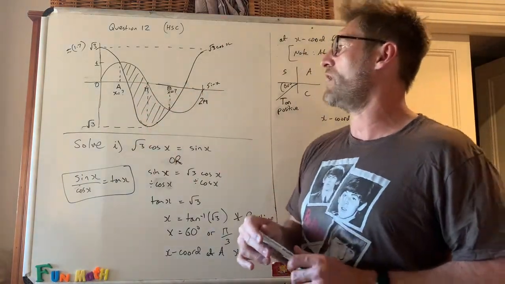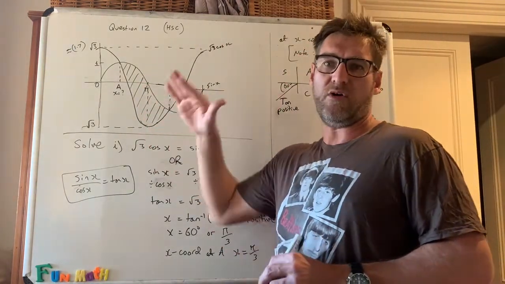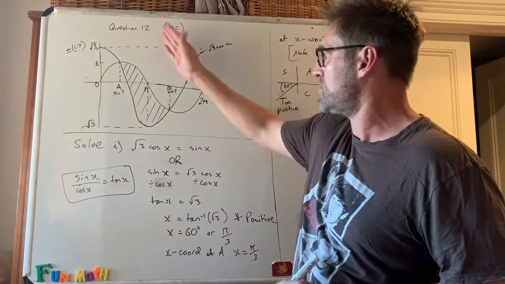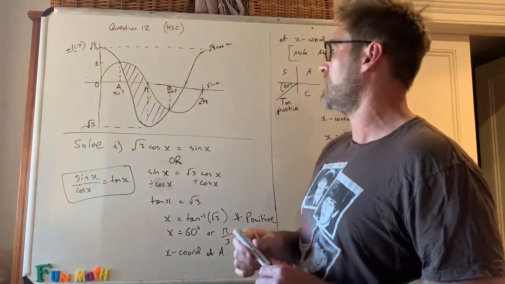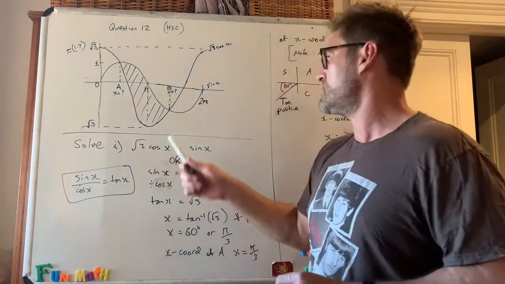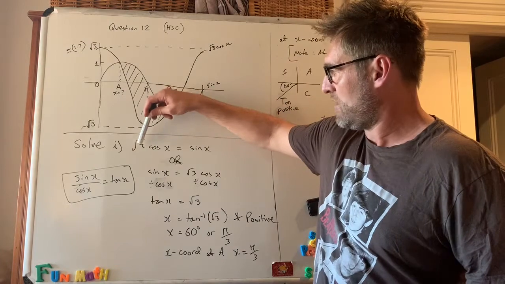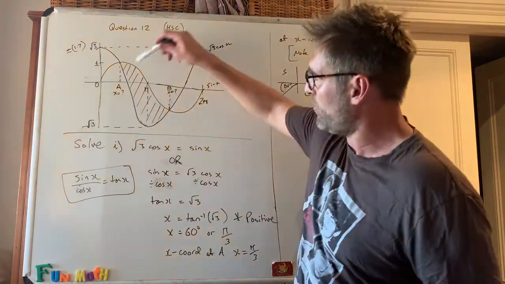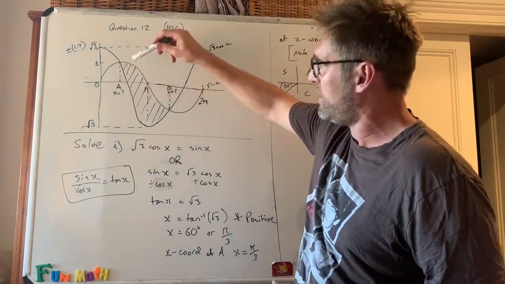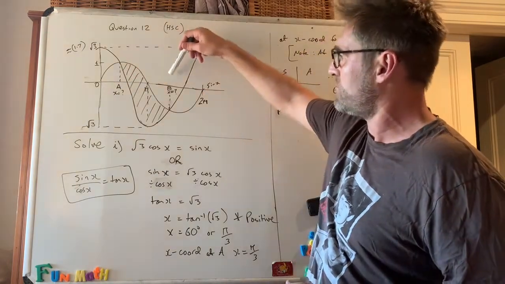We can integrate top function sine x minus root 3 cos x. But the first part says to solve the equation root 3 cos x equals sine x, and find the x-coordinates for A and B.